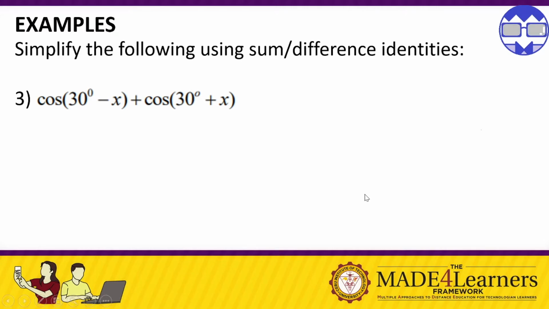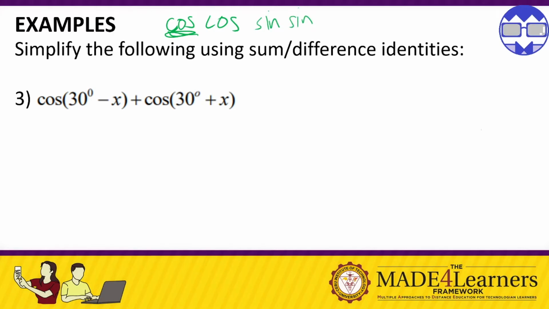Let's have example number 3: cos of 30 degrees minus x plus cos of 30 degrees plus x. We have two cosines here. Remember that if it starts with cosine, it's cos cos, sin sin.